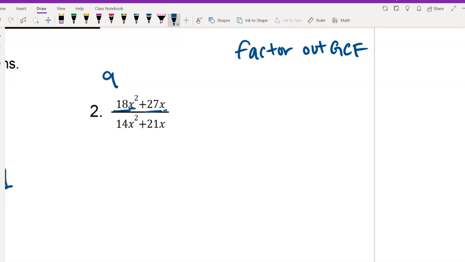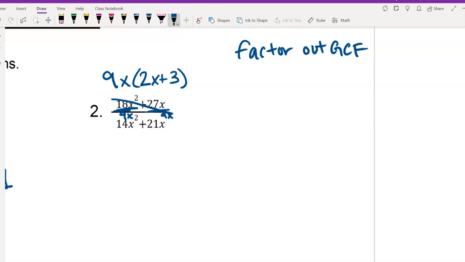They both have an x, so we can also factor out an x. Now, essentially, we are dividing both of these terms by 9x. So 18x squared divided by 9x, we are left with 2x. 27x divided by 9x, we are left with 3. And we are done with that numerator.